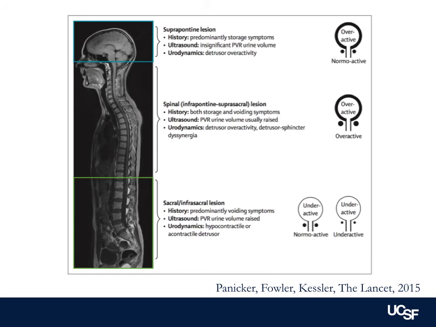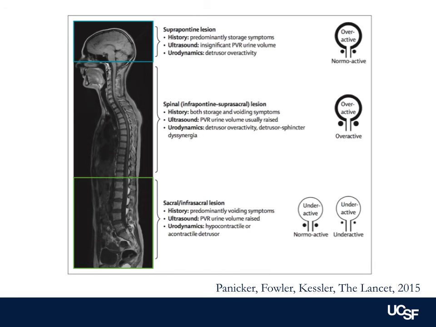Okay? And finally, we'll go to the sacral lesions. This predominantly affects voiding symptoms. Usually what happens is you have an areflexic or acontractile bladder, all the same sort of thing, and the bladder is basically underactive, and typically, depending on the lesion, the outlet can either be just normoactive or underactive.